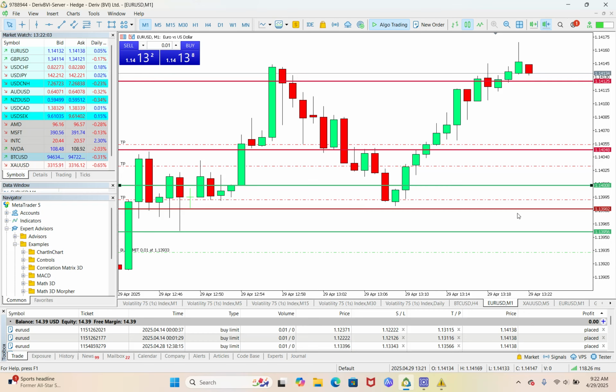Wait for the market to present new opportunities. If there's no opportunity, stay out of the market. No trade. If there's no clear opportunity, then no trade.